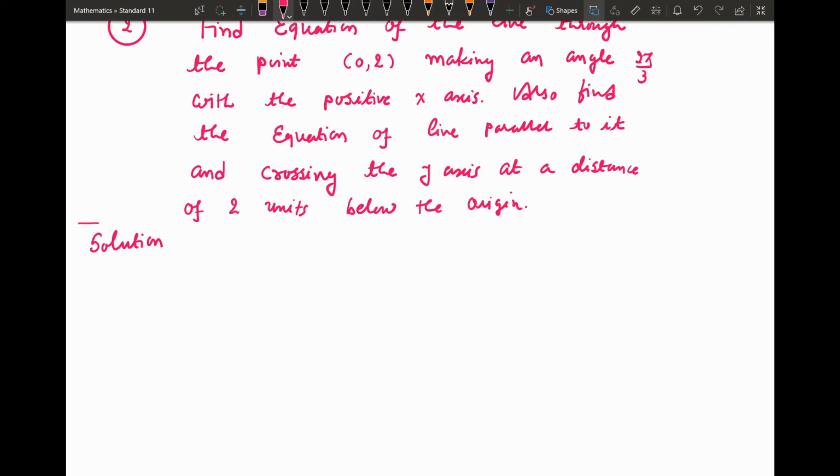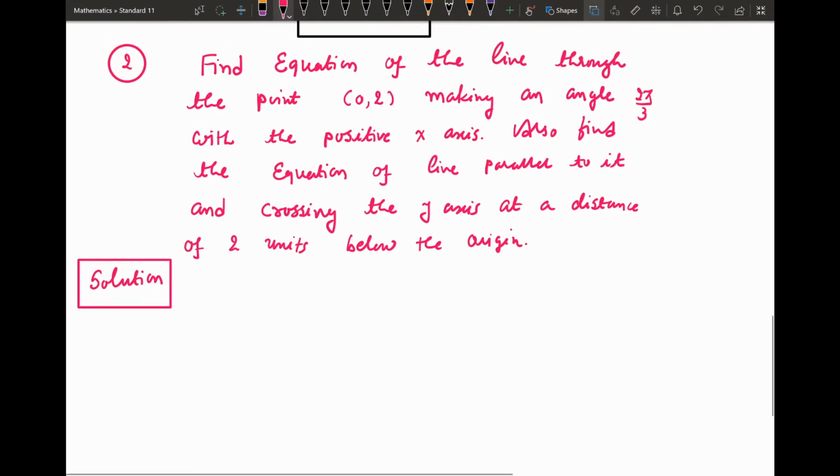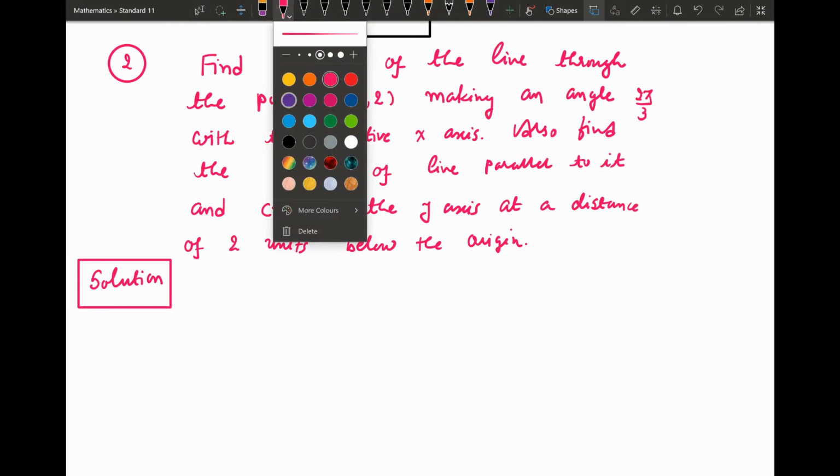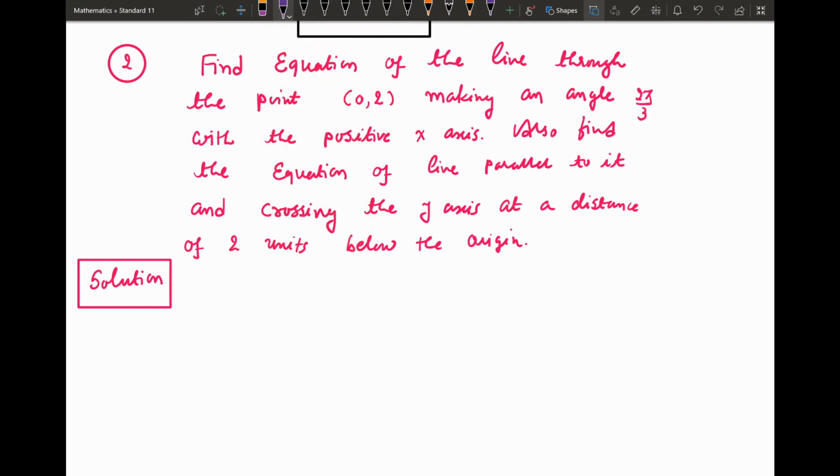Solution. So first we will discuss the method of how to solve this problem. The first question is to find the equation of a line through the point. You can observe the point is given, and the line makes an angle 2 pi by 3 with the positive direction of the x-axis.